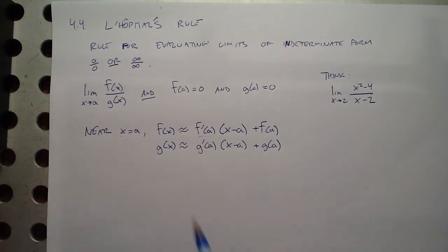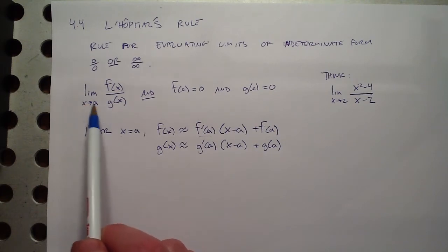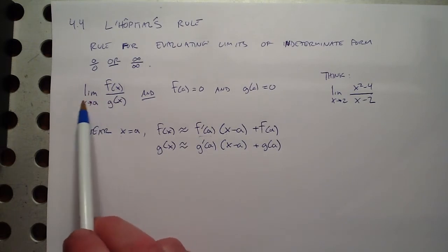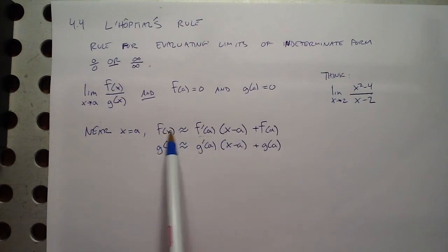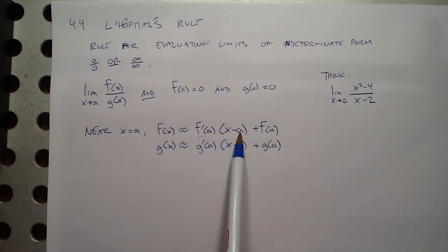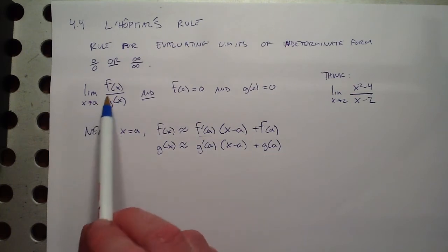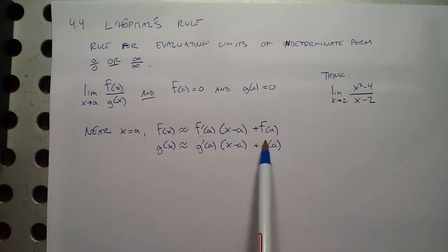Okay, well, since the limit we're interested in is the limit as x approaches a, we're talking about values that are really, really close to a. So, since tangent lines are better and better approximations as we get close to a, we should be able to substitute, instead of f of x and g of x, their tangent lines to approximate them.